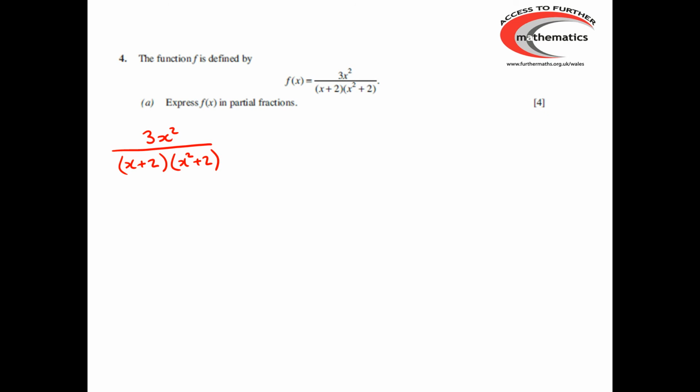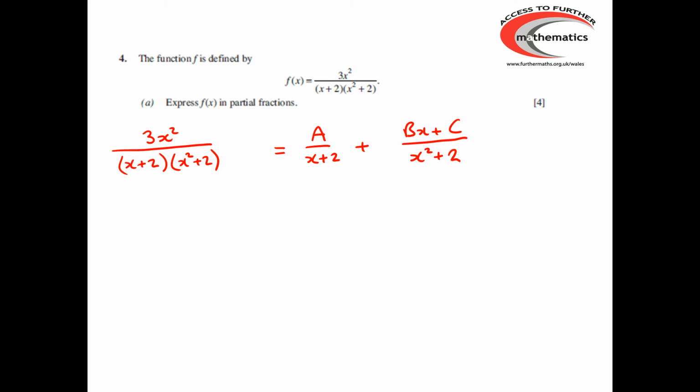So, first part, we've got to express 3x²/((x+2)(x²+2)) as a sum of partial fractions. So the partial fractions we're going to have are going to be something of the form A/(x+2) + (Bx+C)/(x²+2).